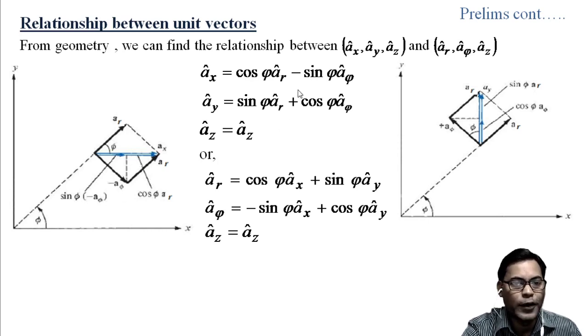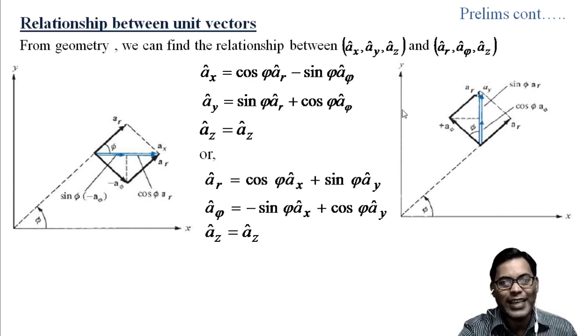So from that we will get minus sin phi aφ. And there is no z-axis component, so the unit vector ax is related to the unit vectors ar and aφ by this equation: ax equals cos phi ar minus sin phi aφ.